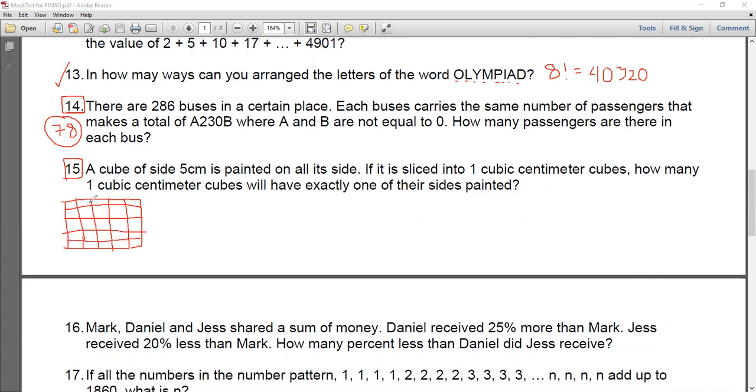So if this is the top view, these are the only squares that have only one paint. 1, 2, 3, 4, 5, 6, 7, 8, 9. So for each face, there are 9 smaller cubes. So in that case, 9 times 6, and that will be 54. Kasi there are 6 faces eh. That's why I multiply 9 by 6.